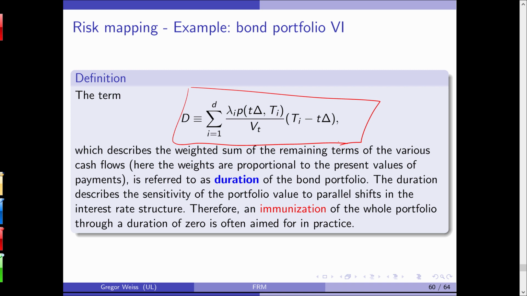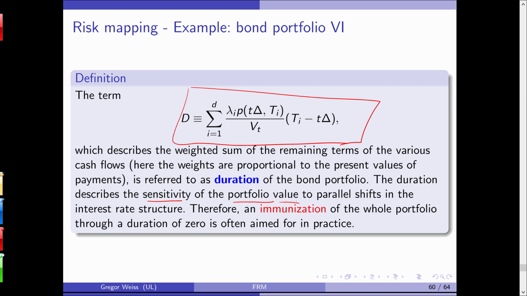It is more or less the average payment date of all the remaining payments in time. And the duration describes the sensitivity of the portfolio value to a parallel shift in the interest rate.